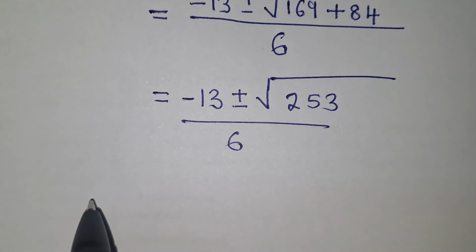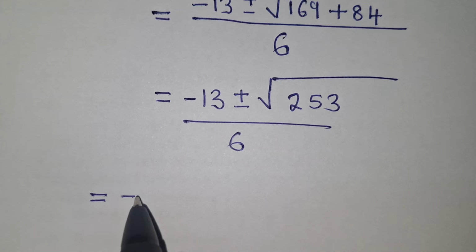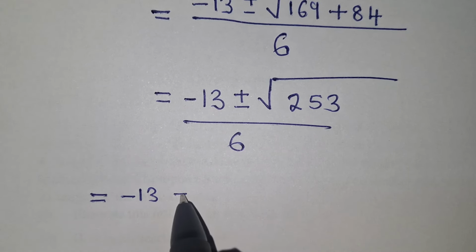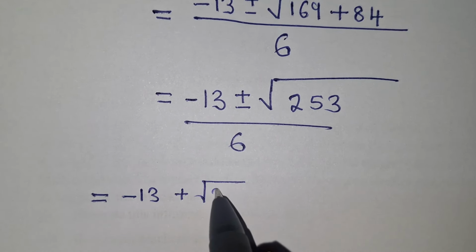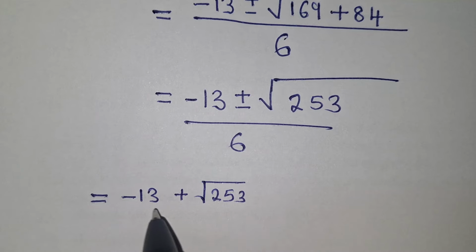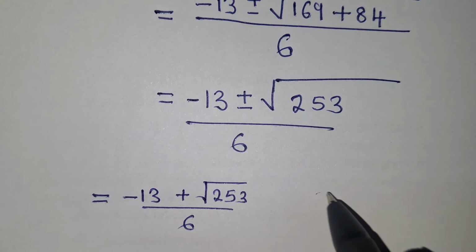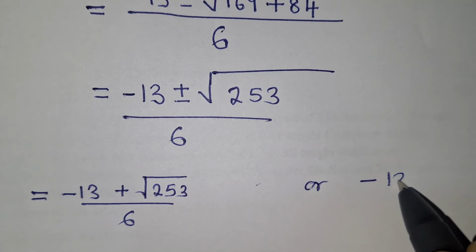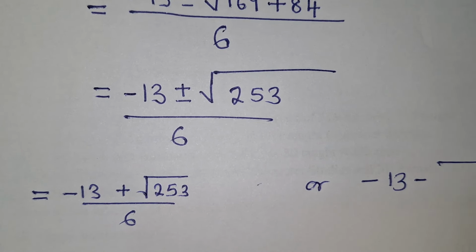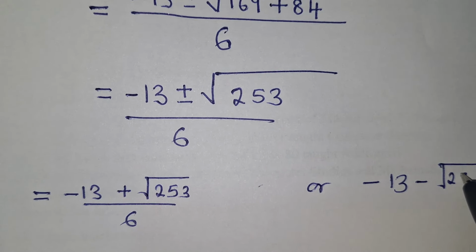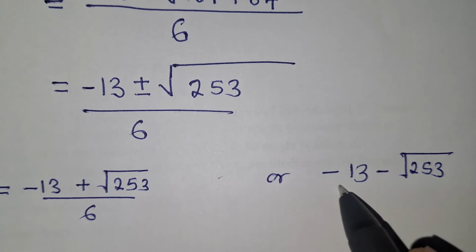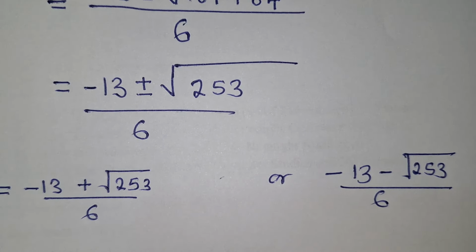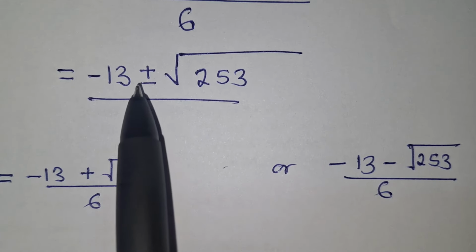So at this point, I can separate. I can say negative 13 plus square root of 253 over 6, or negative 13 minus square root of 253 over 6. So you can see that there are two solutions.